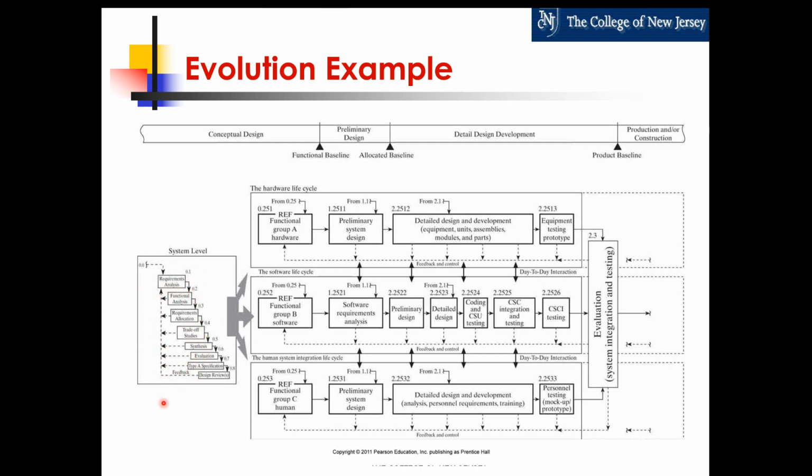So this is something that we did before, and now we have not only the type A specification, but also the other types of specifications, and we're ready to start looking at how they are going to influence and dictate the specifics of the function of bringing the system into being for each of these three parts: hardware, software, and the human part.